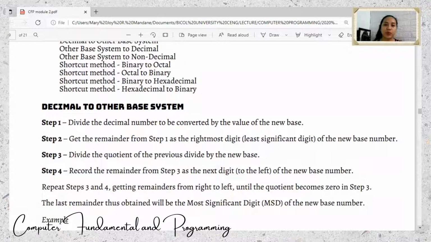For the decimal to other base system, step 1, you should divide the decimal number to be converted by the value of the new base. Step 2, get the remainder from step 1 as the rightmost digit, least significant digit, of the new base number. Step 3, you should divide the quotient of the previous divide by the new base.